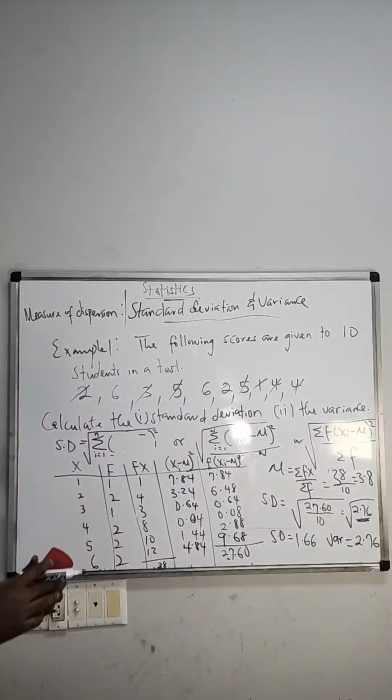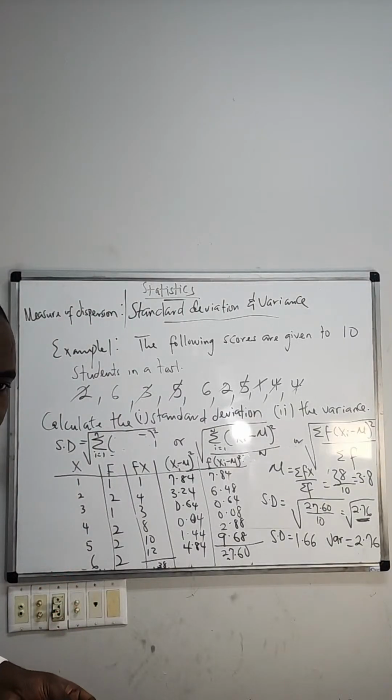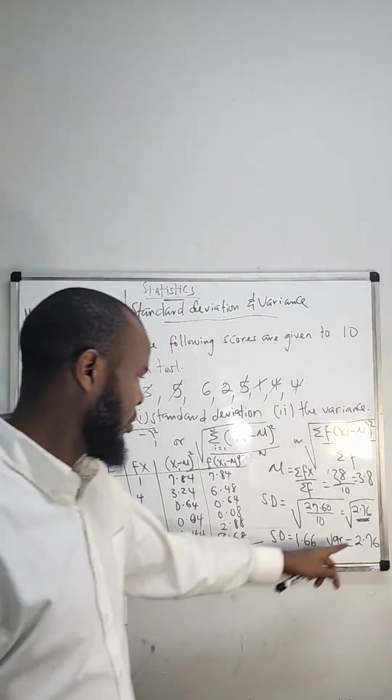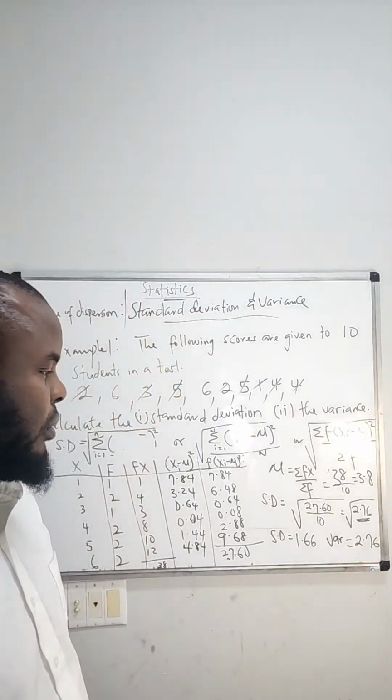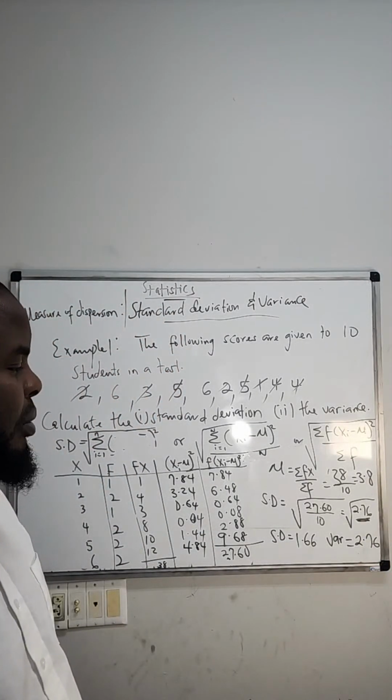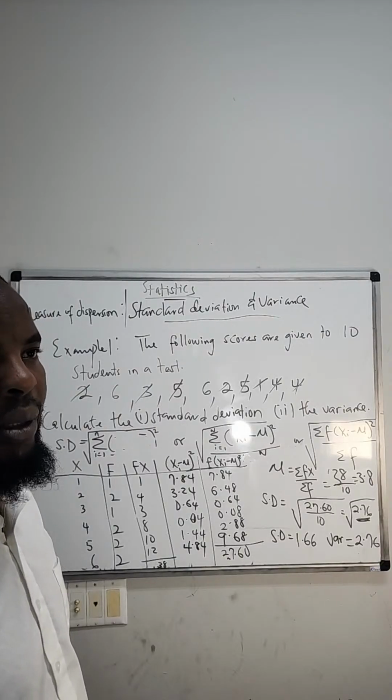Can you just use sort for it? No. 2.76 cannot be split. Moreover, this is a decimal point.